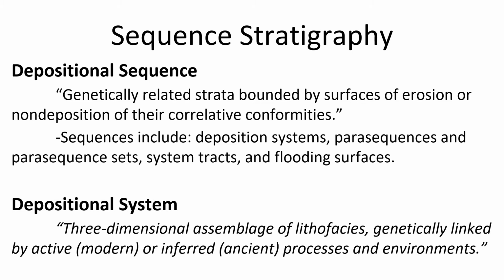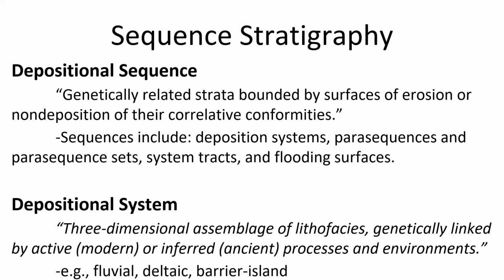A depositional system is any three-dimensional assemblage of lithofacies that are linked by either modern or inferred, so active or ancient, processes and environments. Think of this as a fluvial, a deltaic, or a barrier island depositional system. Each of these has a lot of different parts to them. A fluvial system, you could be looking at the channel sand, you could be looking at the gravel bar, you could see the point bar, the floodplain, crevasse splay.